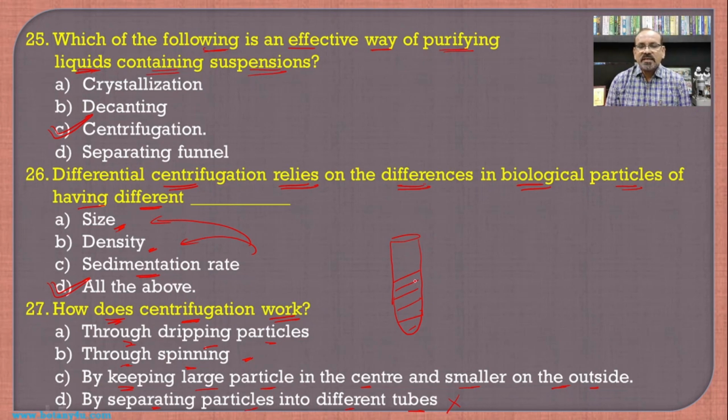When we keep the test tube in the centrifuge, the force acts from the center to the periphery, and that is known as the centrifugal force. Because of that, the larger particles are present in the center, while the smaller particles are present at the peripheral or outer side, and hence it is the correct answer with respect to how centrifugation works.